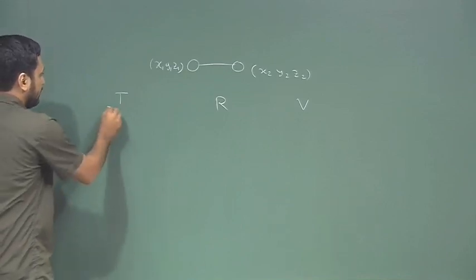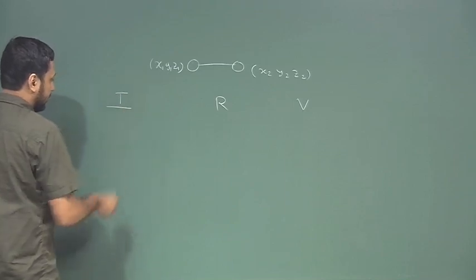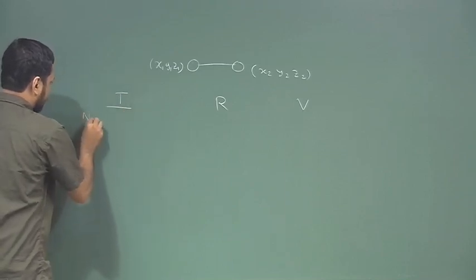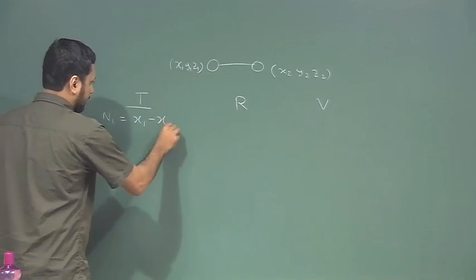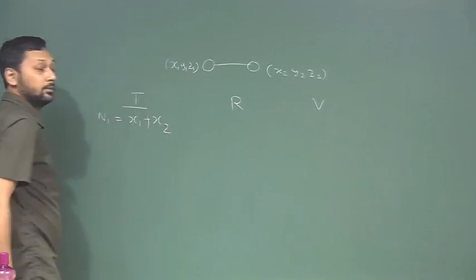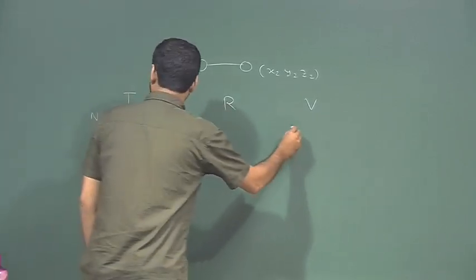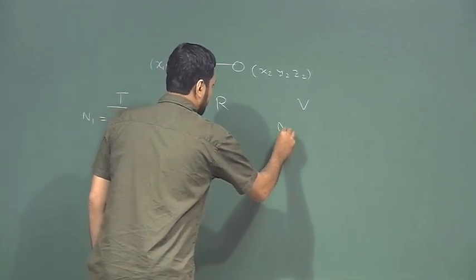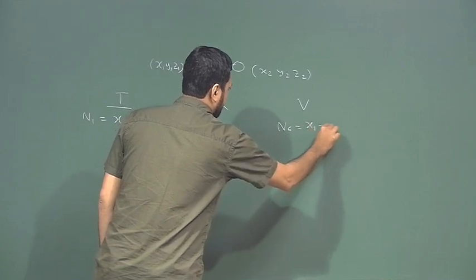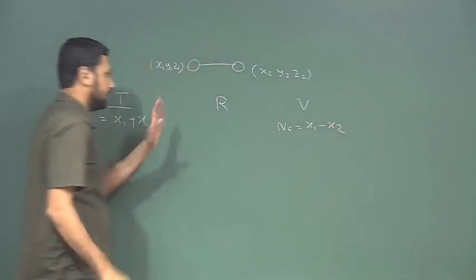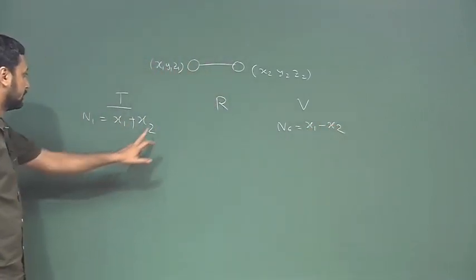For translation, the first translation we wrote as N1, which was x1 minus x2. Actually, it should be x1 plus x2, and vibration should be N6, which is x1 minus x2. Somehow I got confused between these two.